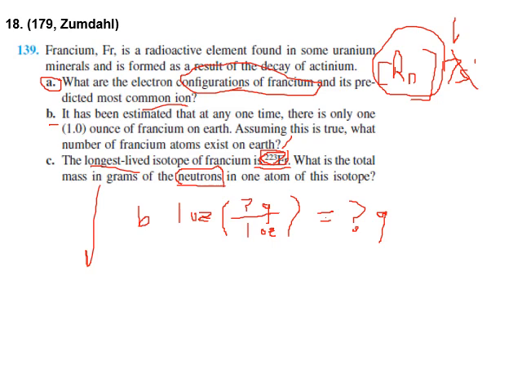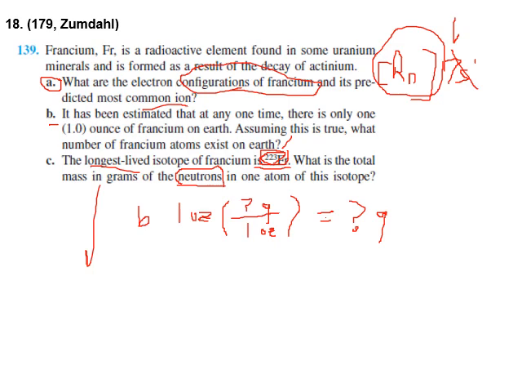Now, when you get that number, let's just assume it's 85, so that's 218, and then minus what? 80 would be 148, I think. So 148 neutrons. I'm not going to write it down because I'm not sure if it's right.